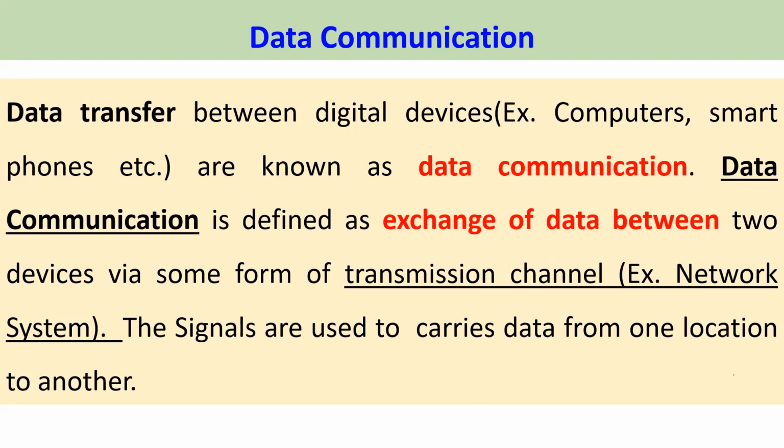This transmission channel is mostly a computer network system. Whatever data you produce in your location, if you want to send it to another location, that digital data goes through a network system. That is called the transmission channel. There are different types of network systems available, and later we'll learn what types of networks there are in the world.